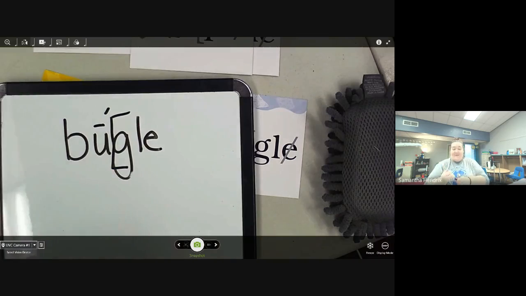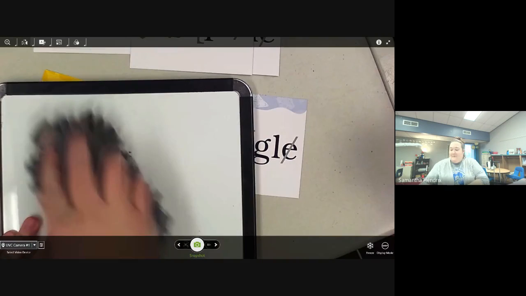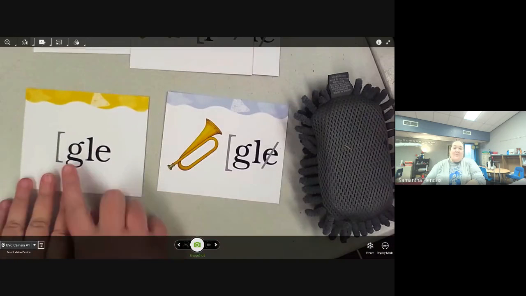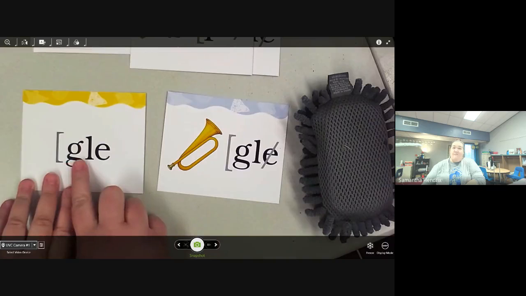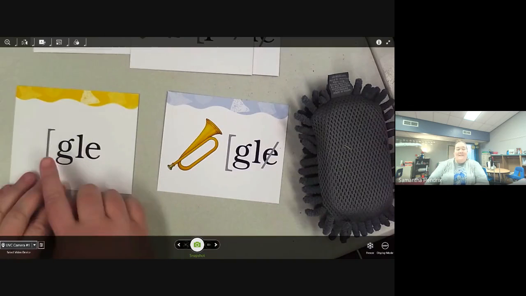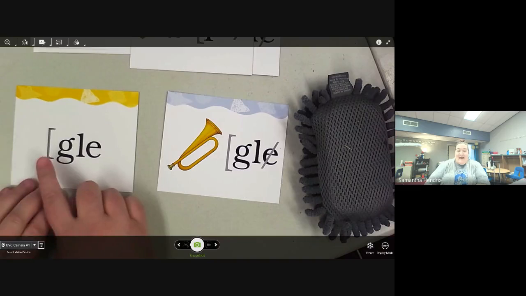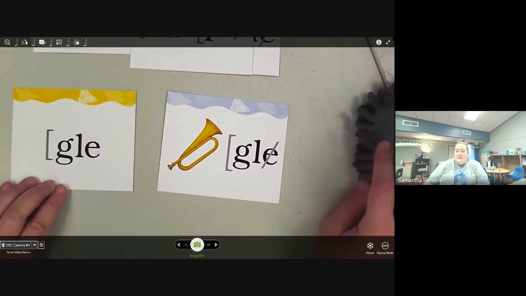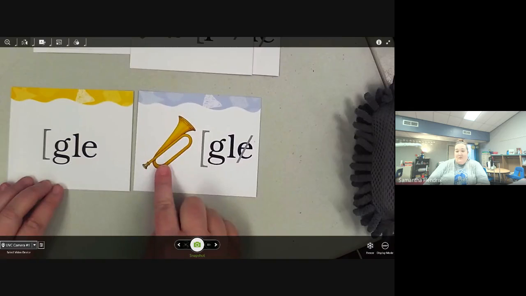So now everybody should read that word right, bugle, okay? Okay, get up there. So open accented, open. I was confused on the other one. Final stable syllable, GLE. Bugle, goal. Okay.